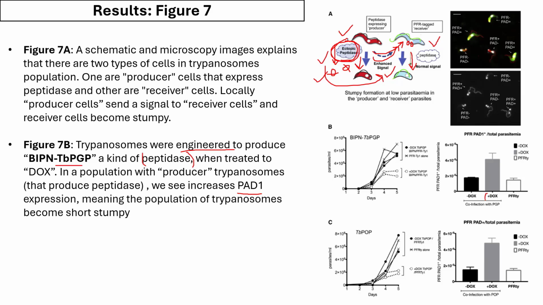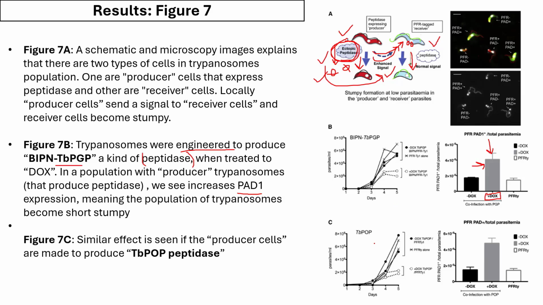when under the expression of doxycycline drug, the trypanosomes which produce a lot of peptidase, they will have a lot of PAD1 proteins, meaning the more peptidase is formed, the more short stumpy cells are formed.